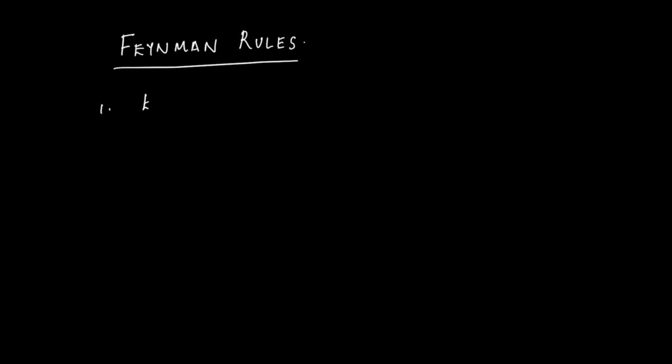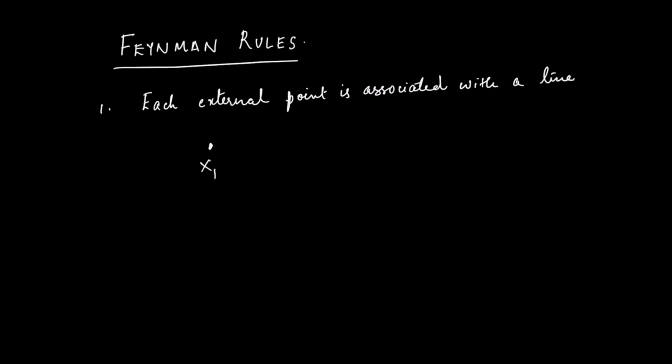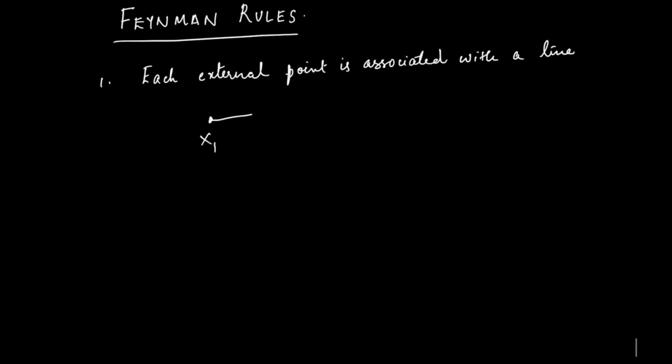So if you have x1 as an external point, then it is always associated with a line.